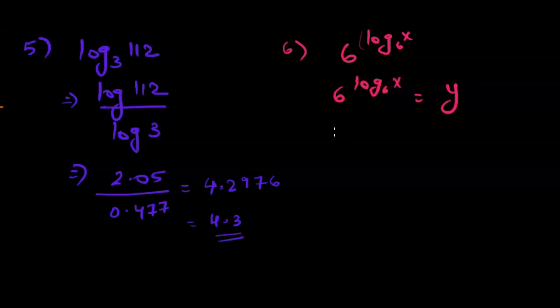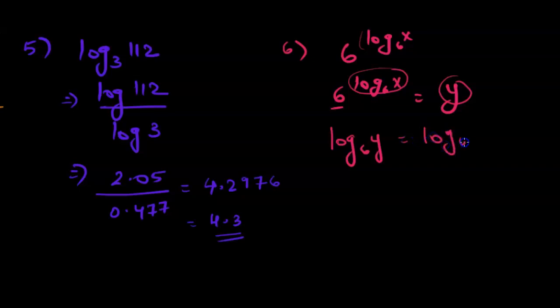If I want to write it in logarithmic function form, I'm going to write log to the base of 6, because the base is 6, and I'm going to interchange this and this. So log to the base 6 of y would be equal to log to the base 6 of x. Now we can see this is exactly the same, log to the base 6 of y, log to the base 6 of x.